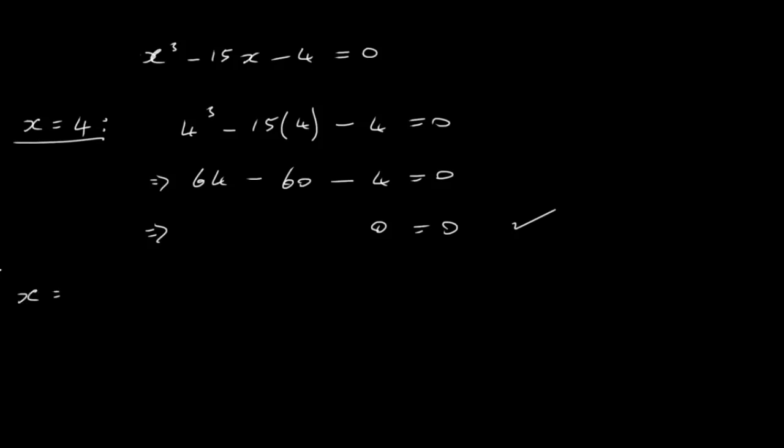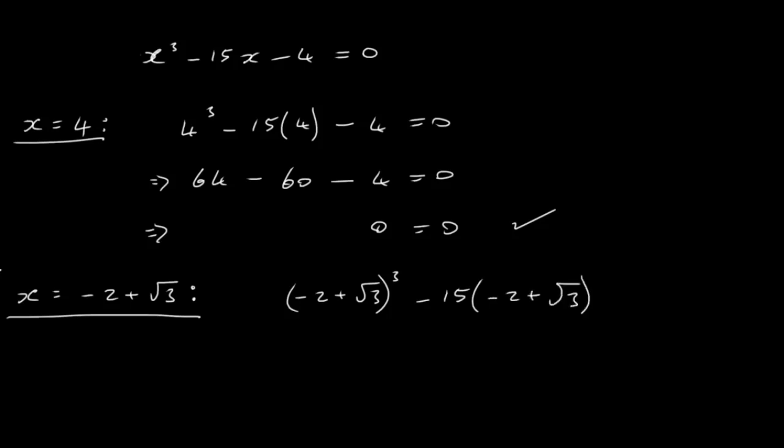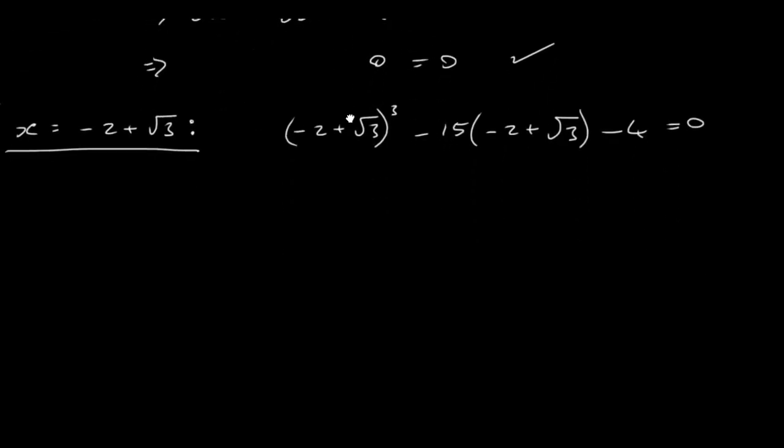Our second one then was x is equal to minus 2 plus root 3. Let's see if this one works. So we have x cubed, so we have minus 2 plus root 3, we want to cube that, minus 15 times minus 2 plus root 3, minus 4 equal to 0. Let's work through that.